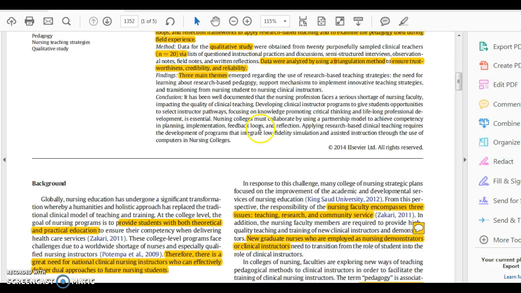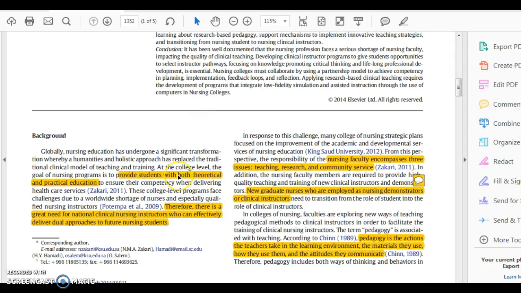So remember, with qualitative, we're looking at words, as contrasted with quantitative, where we look at numbers. The background, again, tells us what the problem is. Here they're talking about how nursing is constantly undergoing evolution and transformations, so we really have to teach both didactic, theoretical, and practical education to ensure our students are receiving what they need to go out and hit the floor running.